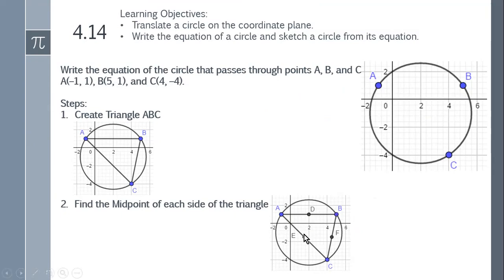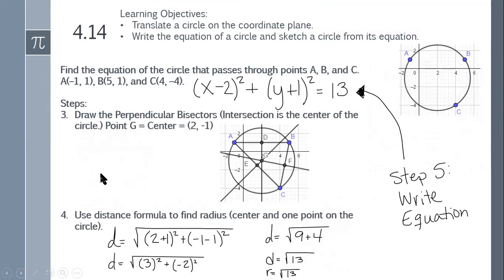So I labeled those D, E, and F. Once you have your midpoints, you are going to draw in the perpendicular bisectors from each point. Okay, so there's the perpendicular bisector going through D.